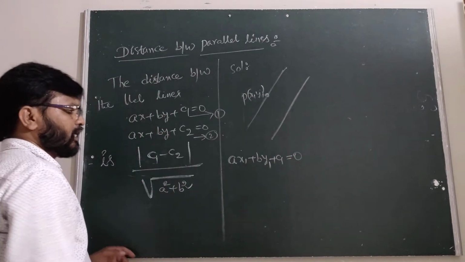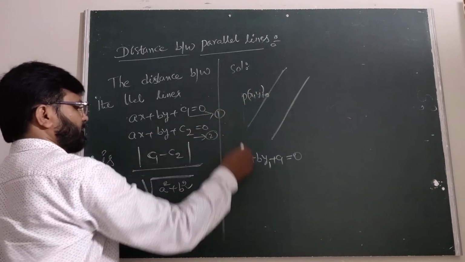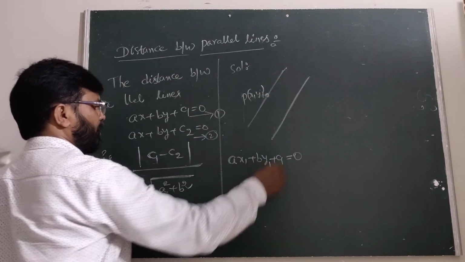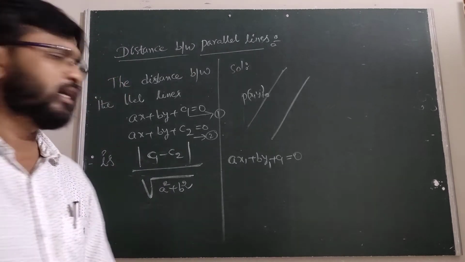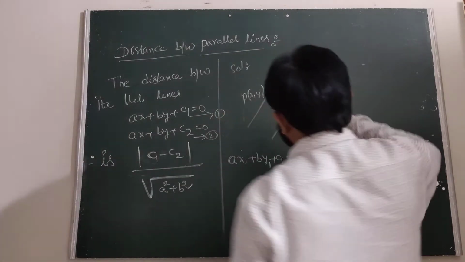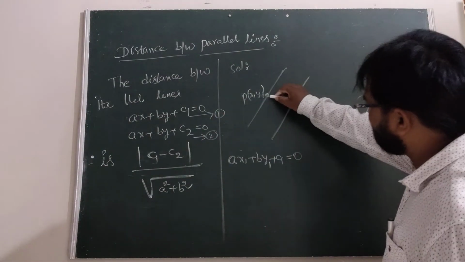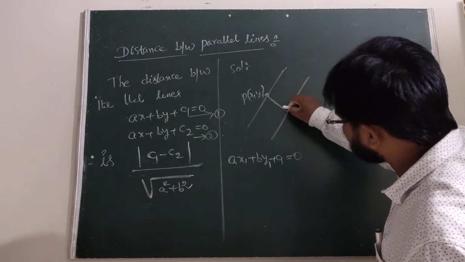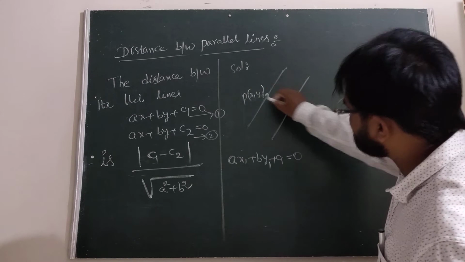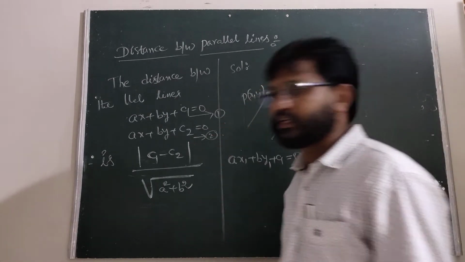Is it clear? P lies on the first line, so ax1 + by1 + c1 = 0. Just now we discussed the perpendicular distance, or the length of the perpendicular, that is the distance of P(x1, y1) to the second line.